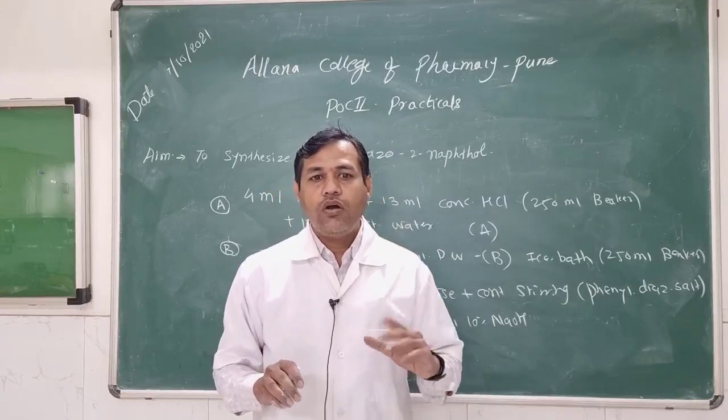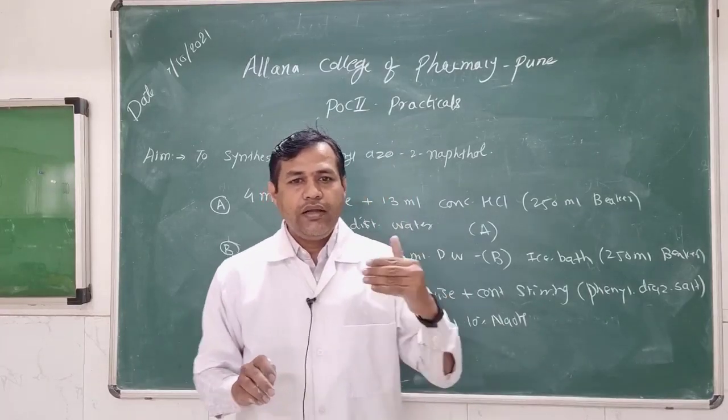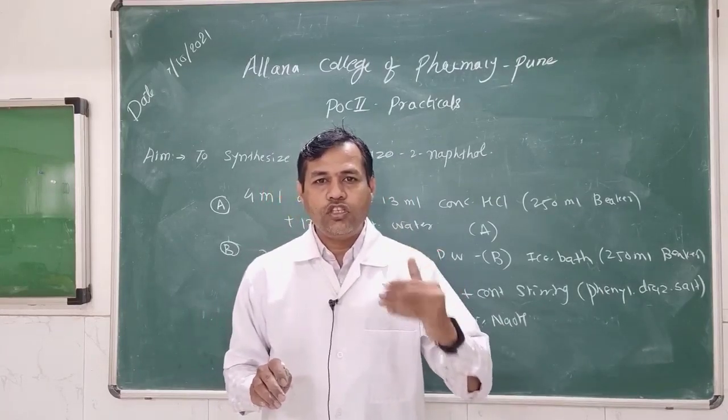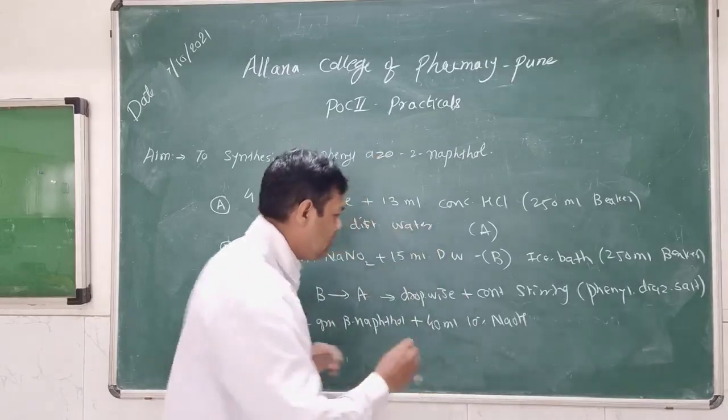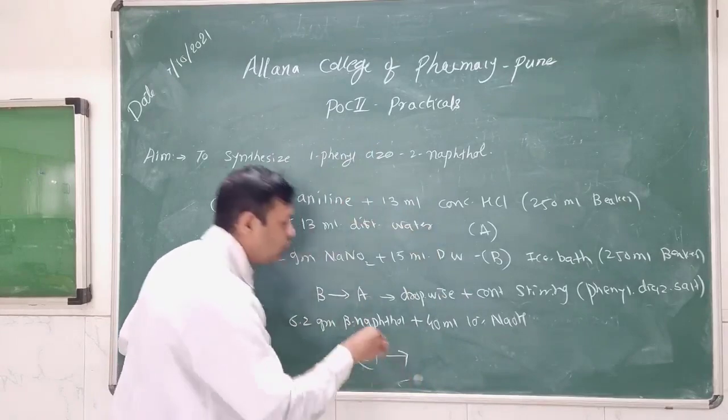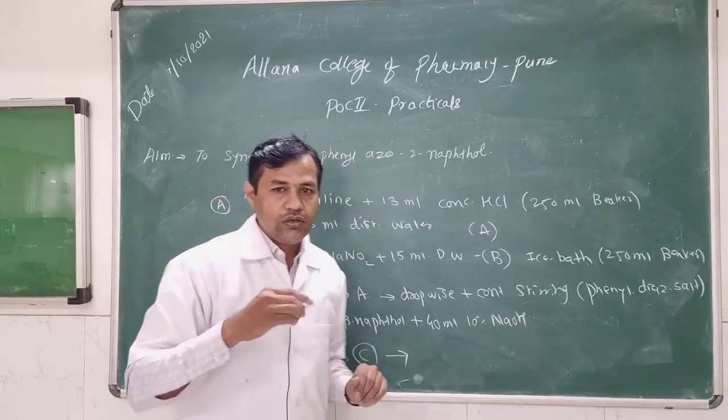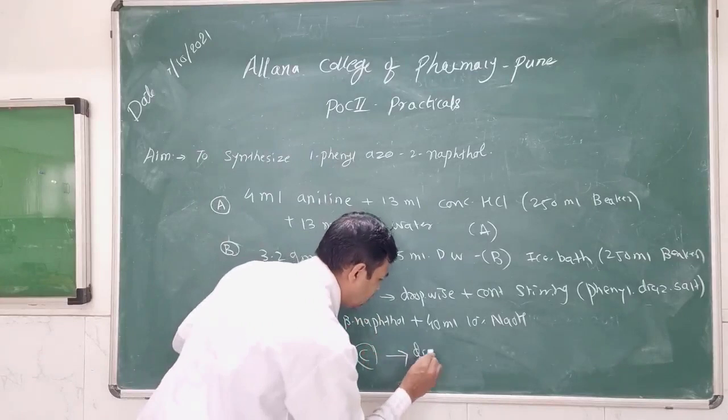Now what we have to do? Slowly add this solution C, that is beta naphthol in NaOH, to the diazonium salt solution.